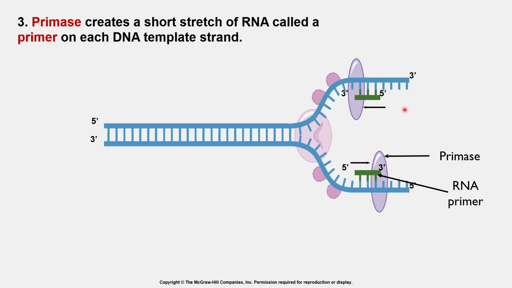So primase can only start at the 3' end and move towards the 5' end on these DNA strands. So for example, on the top strand here, we see that the 3' end with the sugar is here at the top. And of course, at the opposite end, you find the 5' end, and primase can only work in this direction, from the 3' towards the 5'.